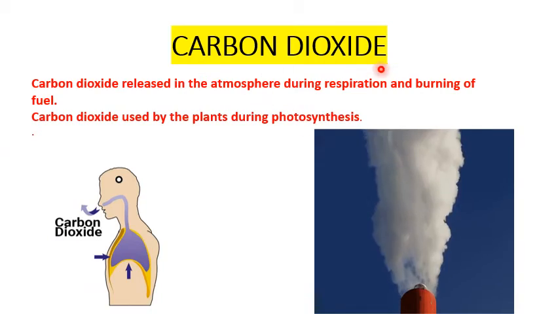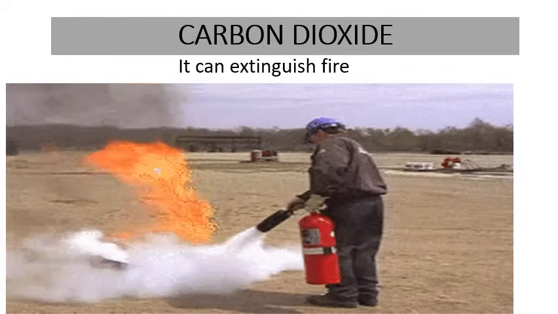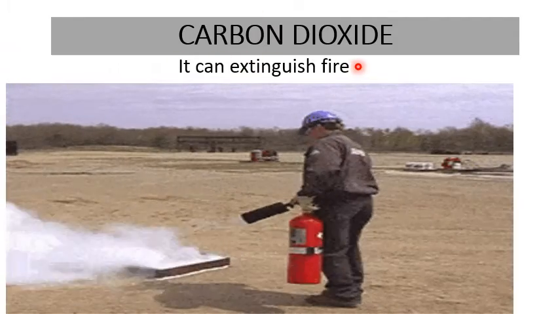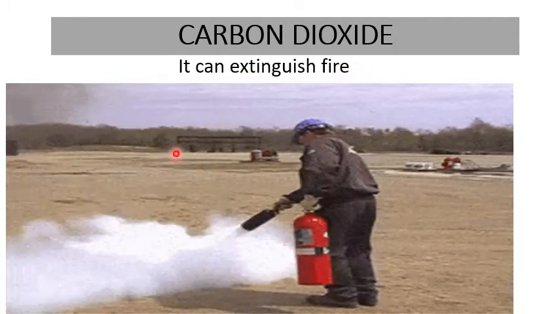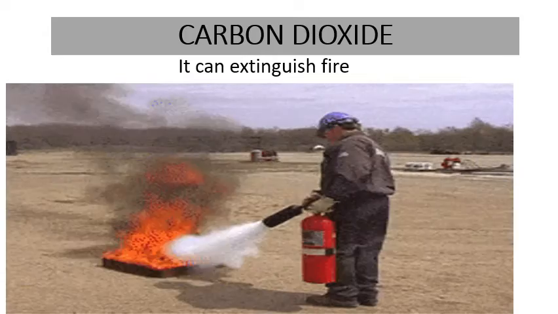Carbon dioxide gas is released in the atmosphere during respiration and burning of fuel. This carbon dioxide is used by the plants during photosynthesis. Besides this, carbon dioxide is used to extinguish fire.